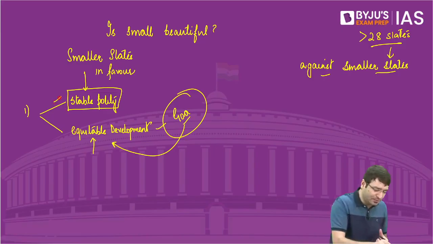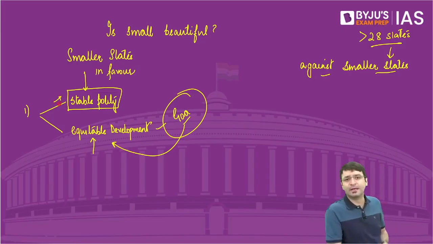So there is stable polity when it comes to a smaller state. So we need more and more smaller states, because if the states are smaller, it will have stable polity. If the states are smaller, it will have equitable development.